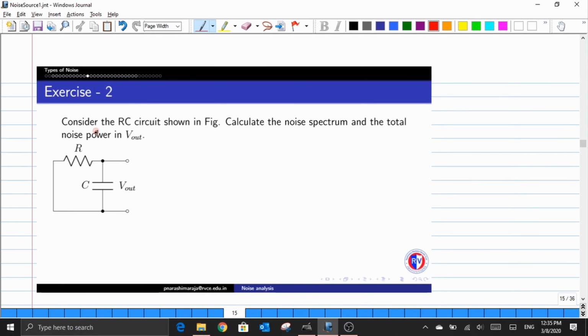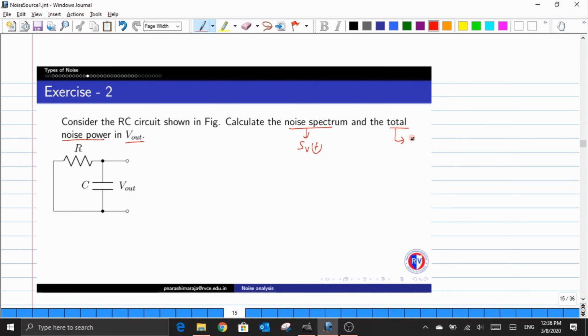Here is a case where we need to consider an RC network, and we are being asked to compute two quantities. One is the noise spectrum at the Vout port, that is, we have been asked to compute the SV of F term, and we are also being asked to compute the total noise power.